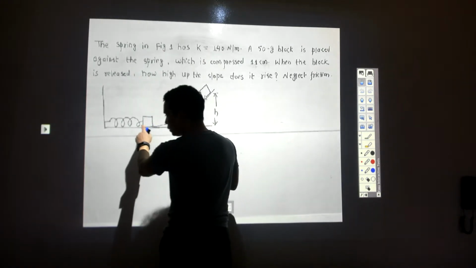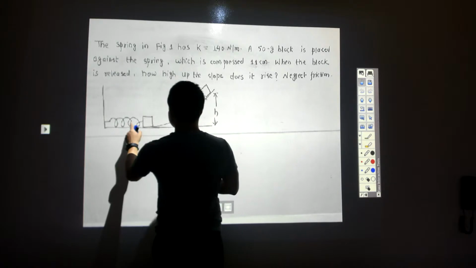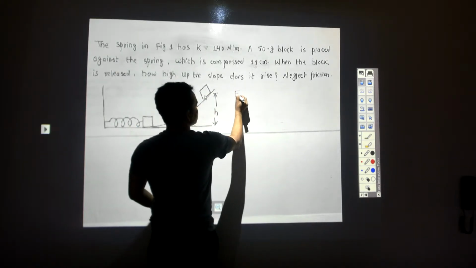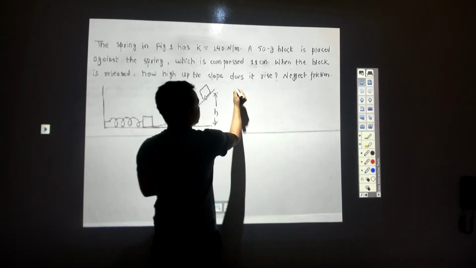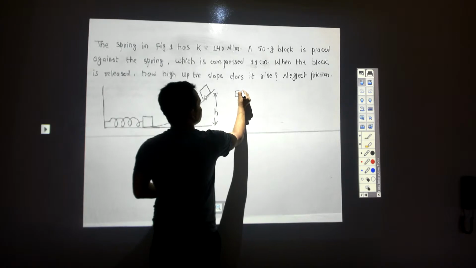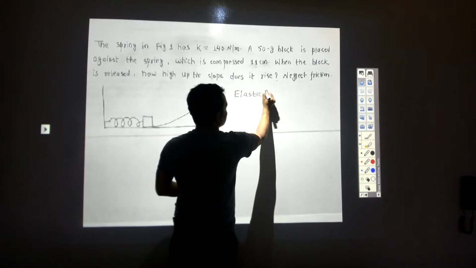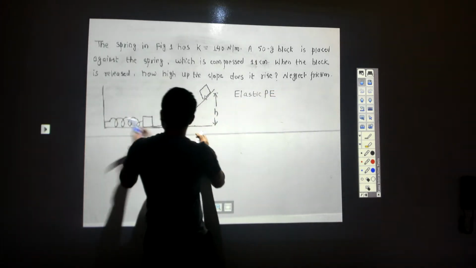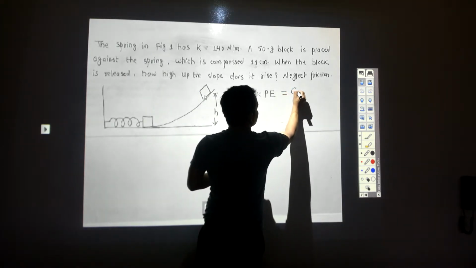So let's find out the elastic potential energy stored in the spring. We have elastic potential energy, and this changes into gravitational potential energy.